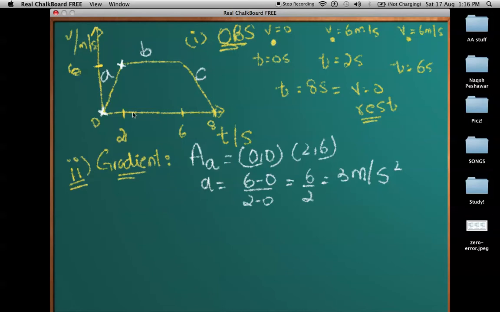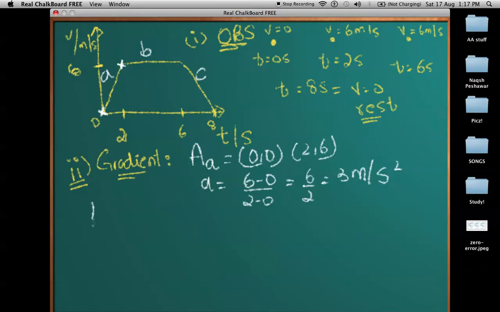In the first second it goes from 0 to 3 meters per second, and in the second second it goes from 3 to 6 meters per second, an increase of 3 meters per second. So this is all logical.